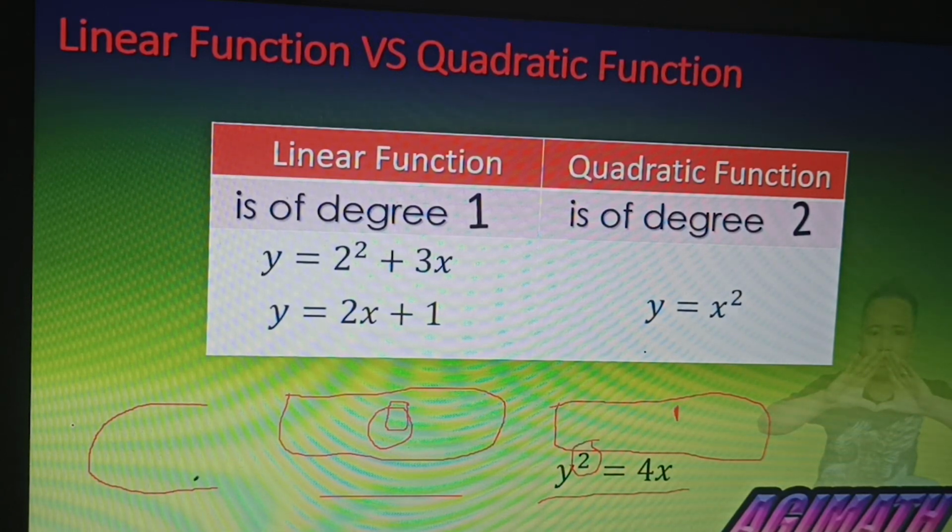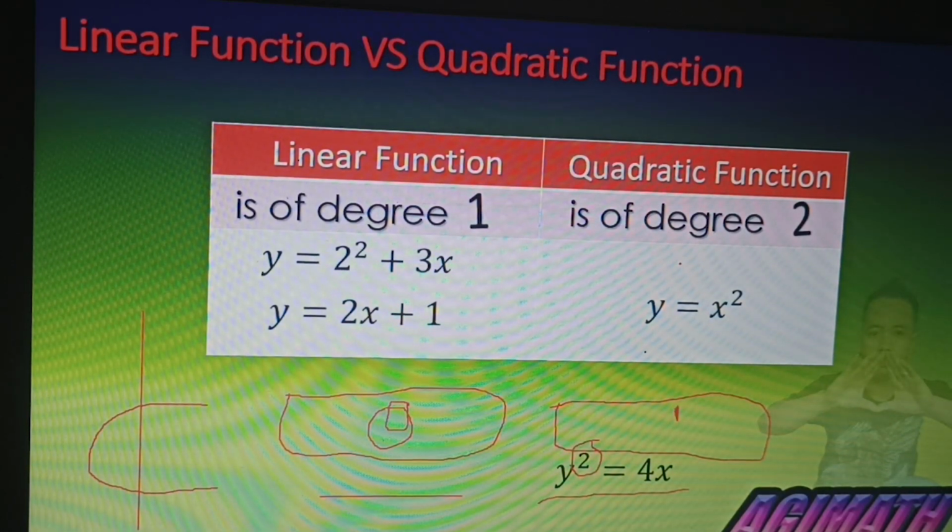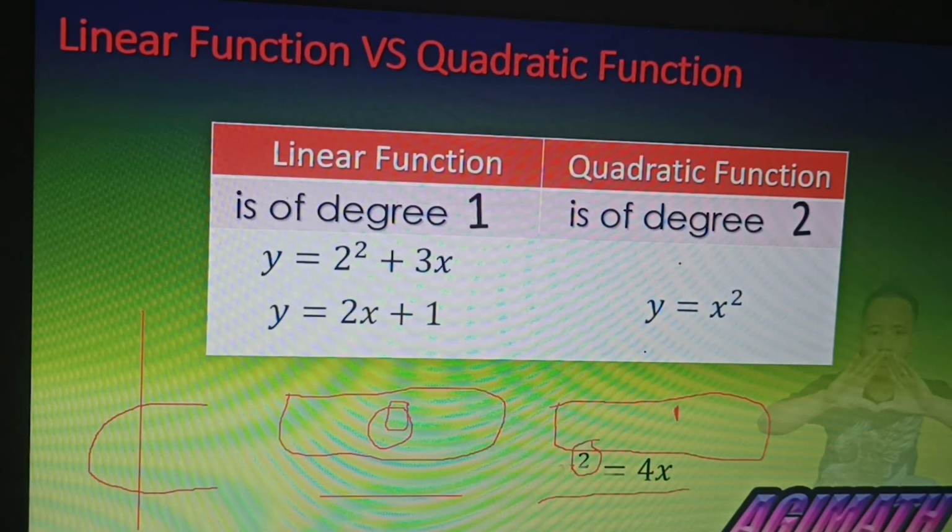One of the tests to determine whether a graph is a function is to draw a vertical line, and this vertical line should only hit the graph once. Once it hits the graph more than once, it's not a function. That's why this one is neither a linear function nor a quadratic function. So, bye-bye. Paalam aking mahal.